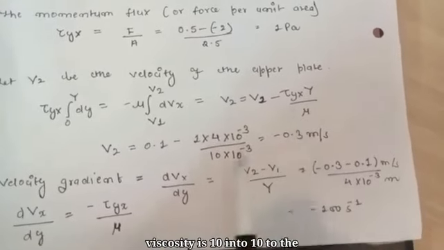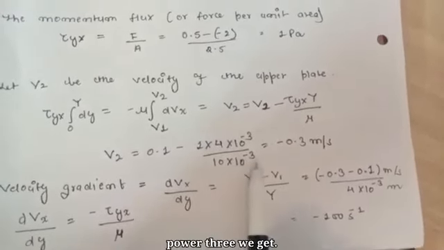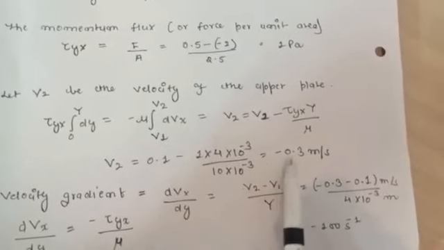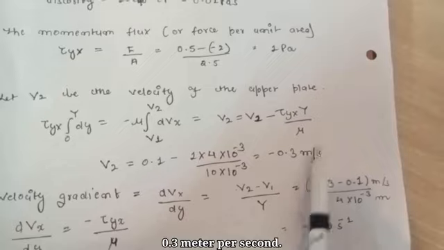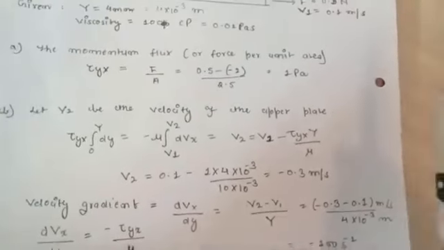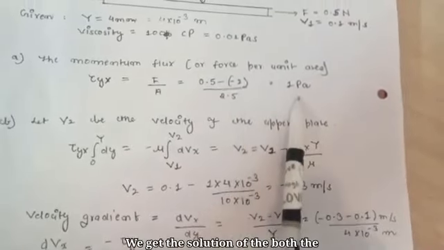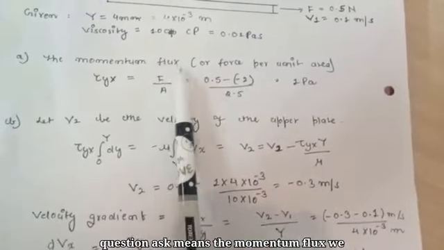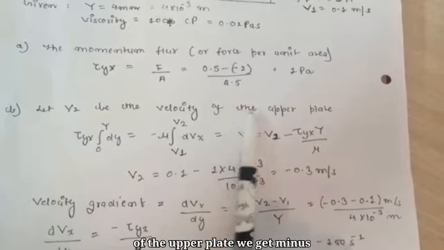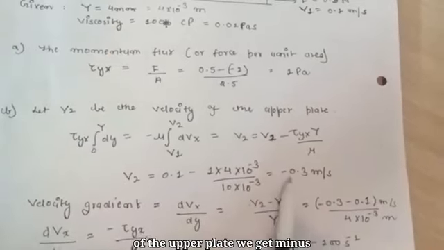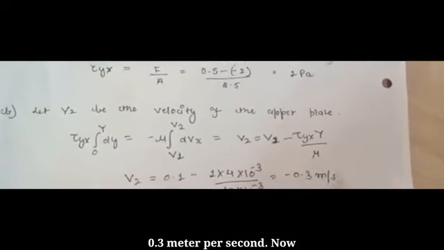The mu, the viscosity, is 10 into 10 to the power minus 3. We get v2 is equal to minus 0.3 meter per second. We get the solution of both the questions asked: the momentum flux is 1 Pascal, and the velocity of the upper plate is minus 0.3 meter per second.